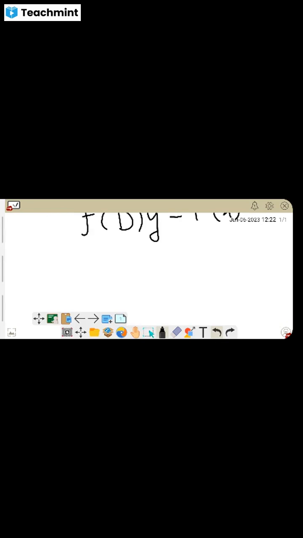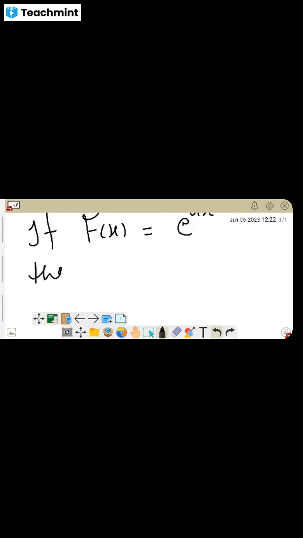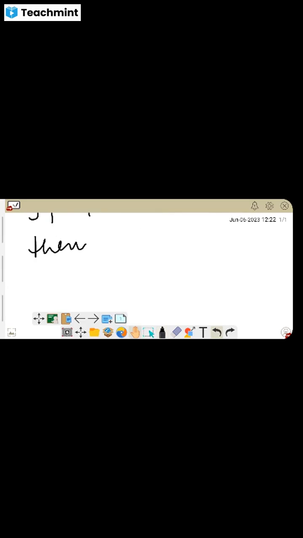Now, if f(x) is equal to e to the power ax, then PI is 1 upon f(D) into e to the power ax.